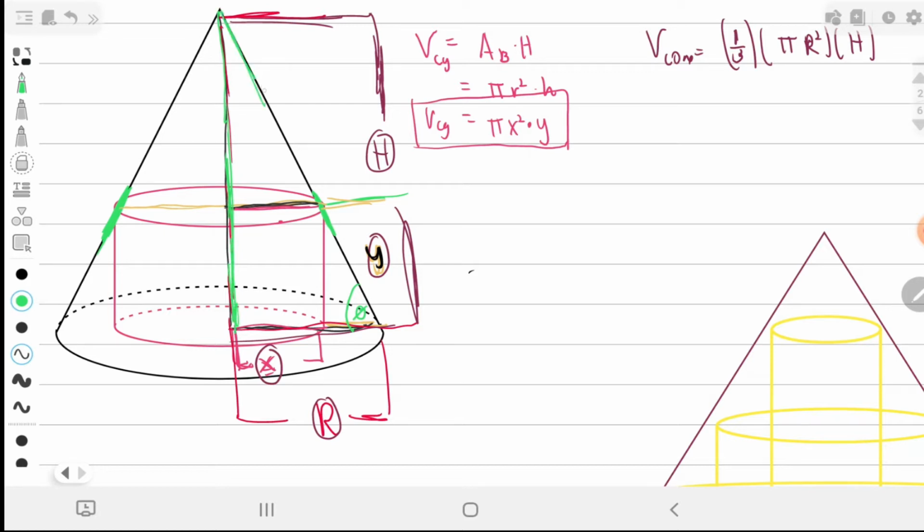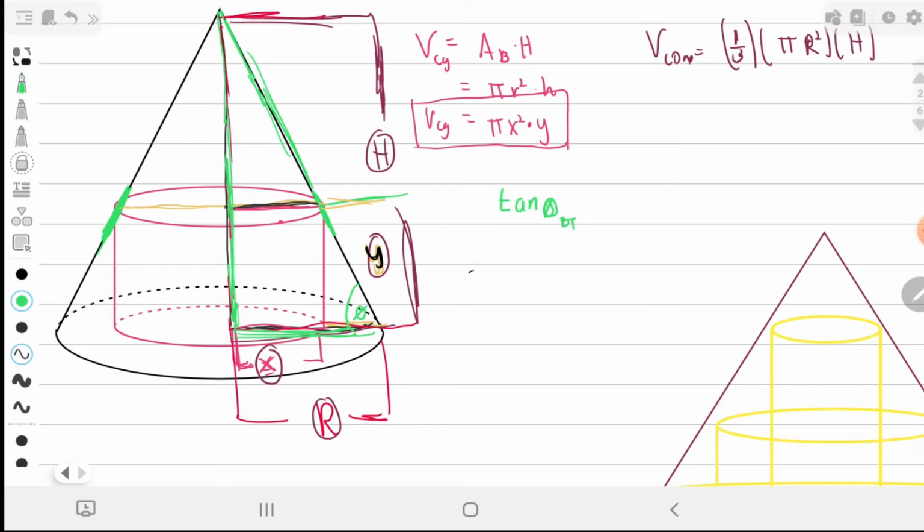Okay? So let this triangle have, let's say, a tan theta of our big triangle.